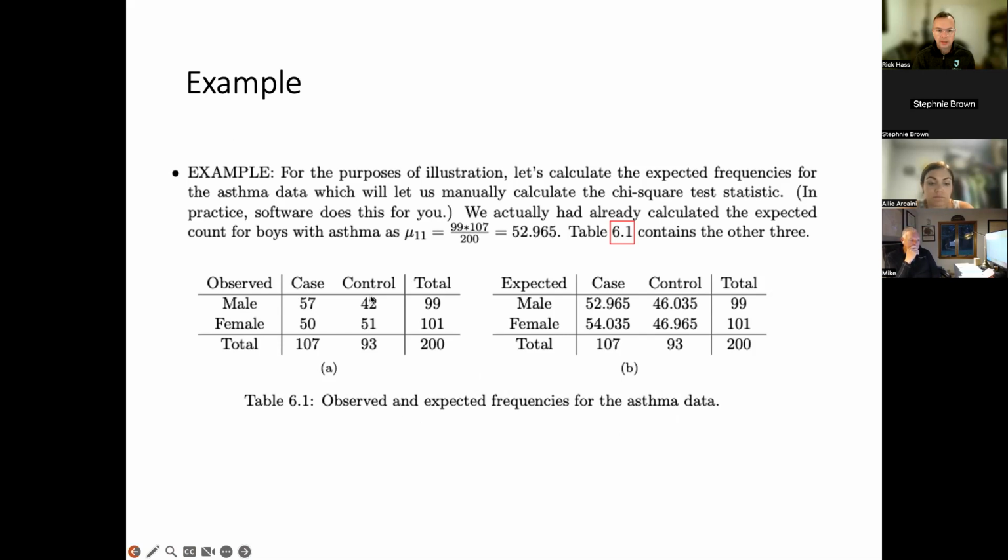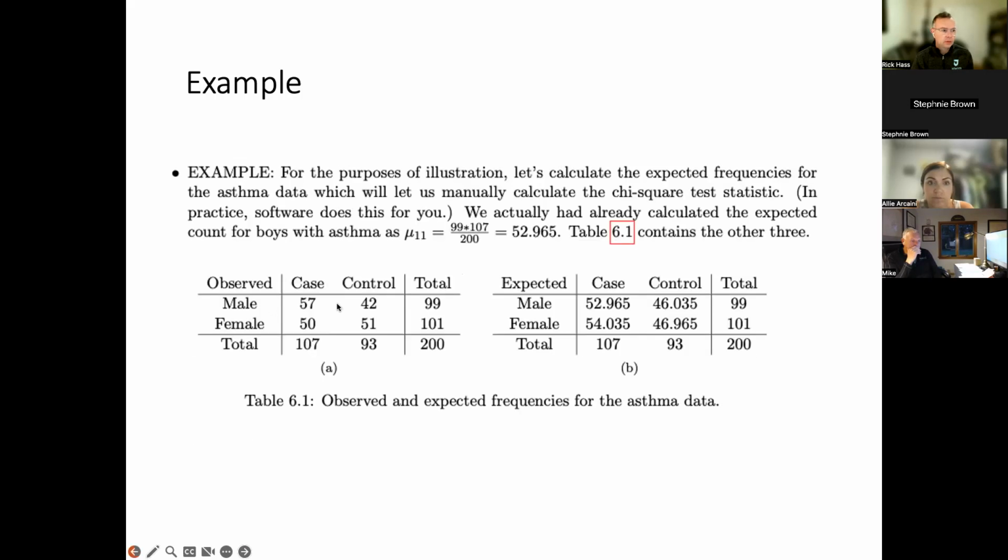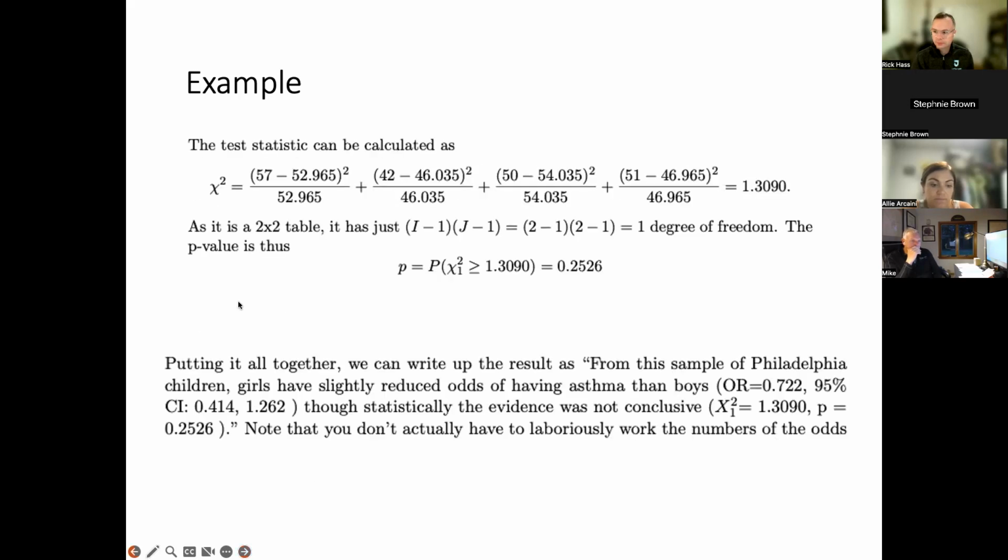Then we move to the second cell, observed 42 minus 46 squared over 46. Third cell, and it doesn't matter what order we go, just as long as we match the observed and expected frequencies, right? Because this is a sum, we can do it out of order, but we have to make sure we're using the correct expected and observed frequencies.